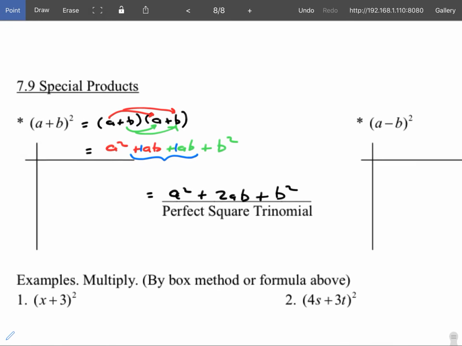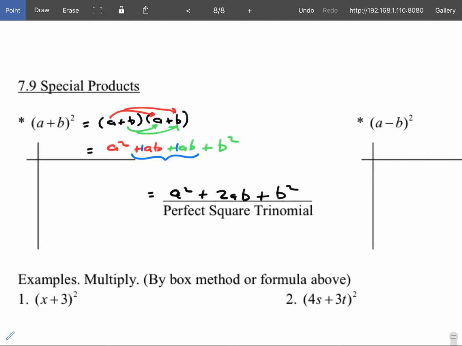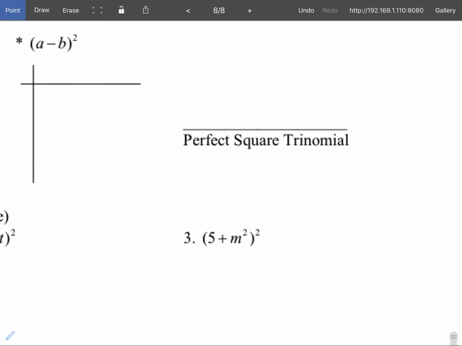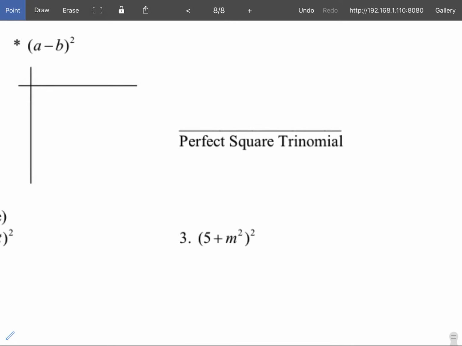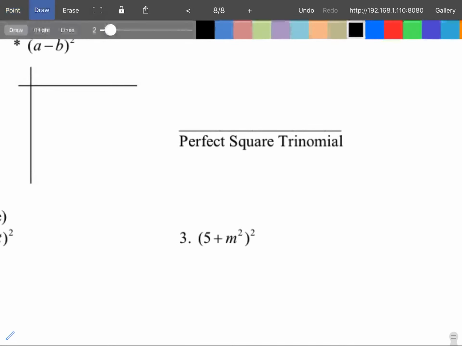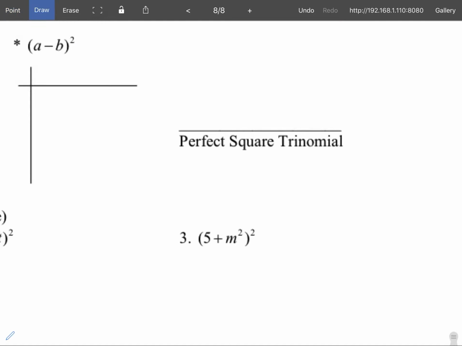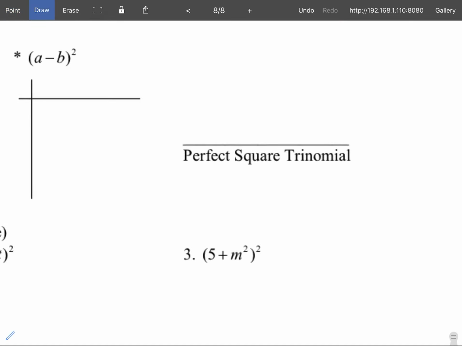All right? So let's take a look at the second one up there at the top. What's the difference here? Yeah, it's just got a minus in the middle, all right? So it's the same thing. So if you want to do it like we did yesterday, you could just say, well, that's just the quantity a minus b times itself.